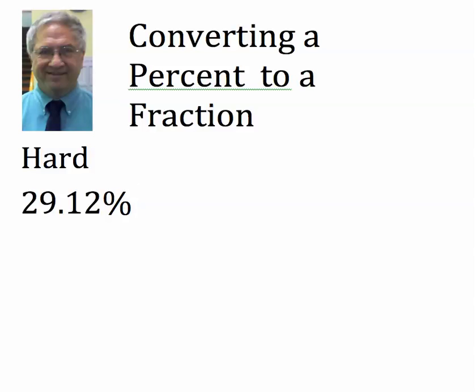Let's do another hard one. 29.12%, changing it to a fraction, becomes 29.12 out of 100. Out of 100 just means over 100, right? 29.12 over 100. But do we like fractions that have a decimal on the top or bottom? No. Can we multiply this number by 10 and make it a whole number?